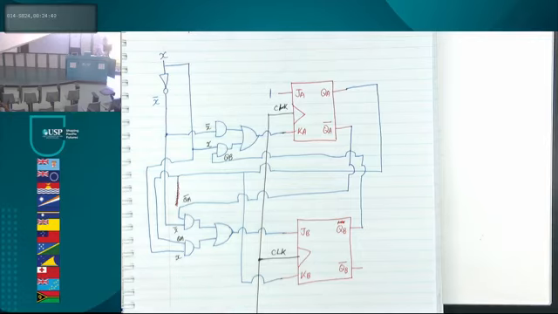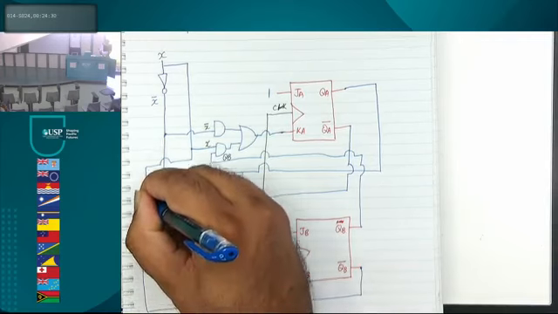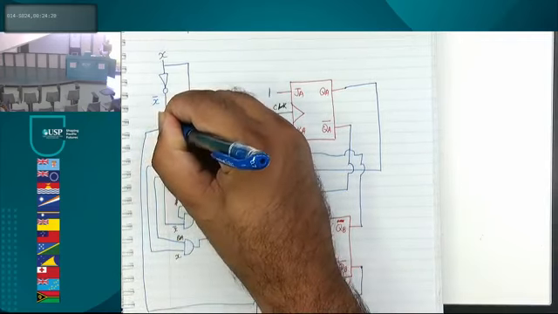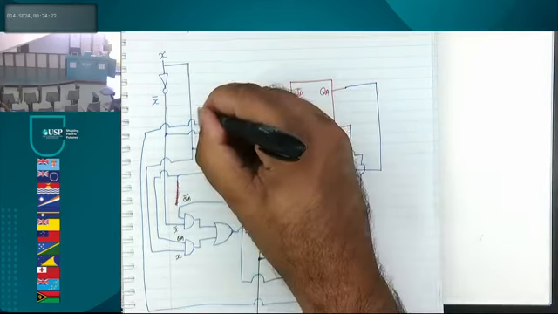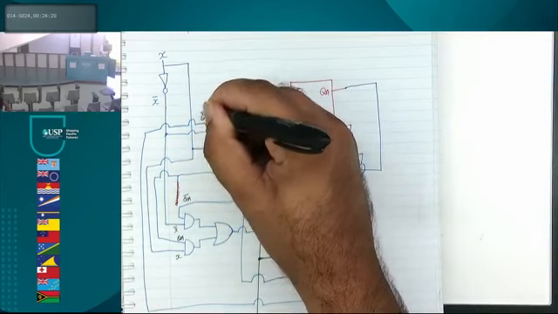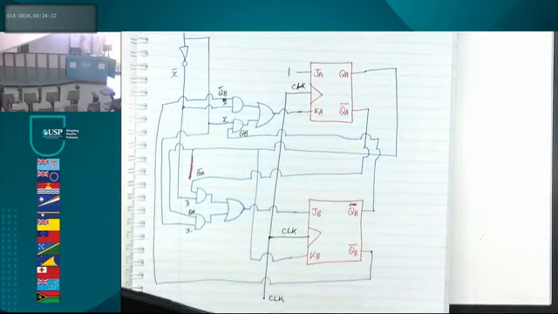What was the last line? QB bar, right? All right, that's your circuit. Then you may be asking, where's the output going to be? The output is always along the QA and QB, the main, not the inverted one. So you will connect two LEDs over here.